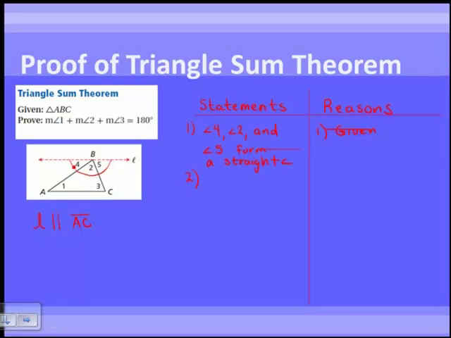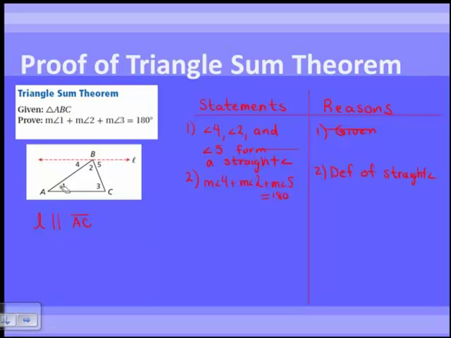Secondly, if they form a straight angle, that means the measure of angle 4 plus the measure of angle 2 plus the measure of angle 5 is equal to 180 by definition of a straight angle. Then I also notice here, remember I told you that L was drawn so that it was parallel to AC.